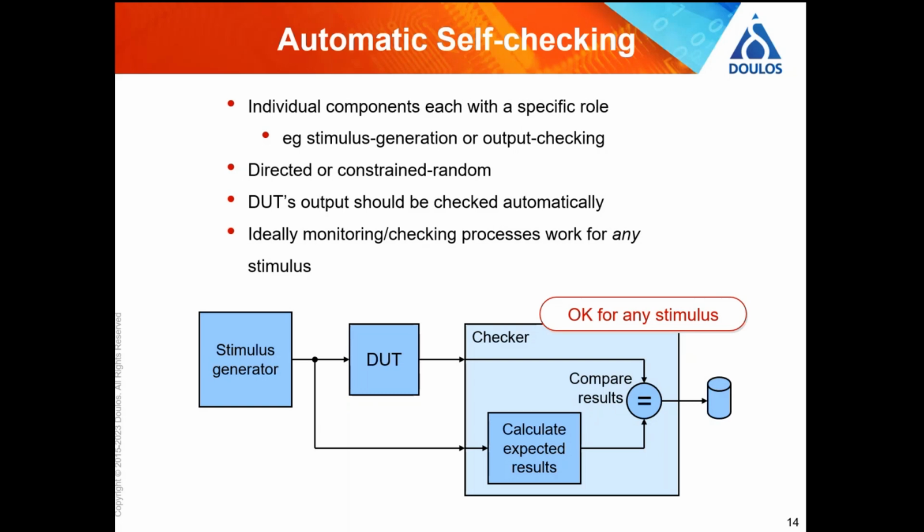So on designs I've worked on, this has already existed because we couldn't have got as far as writing the RTL if we hadn't done a lot of the design work at a more abstract level already. So the principle is you apply the same inputs to your design under test and your high-level model, and then assuming that exists, the checking is trivial because you just compare the two.